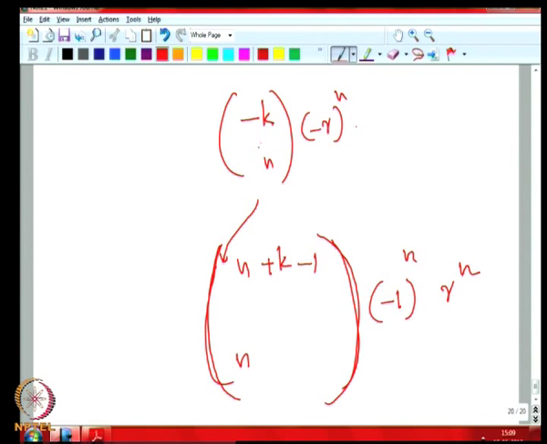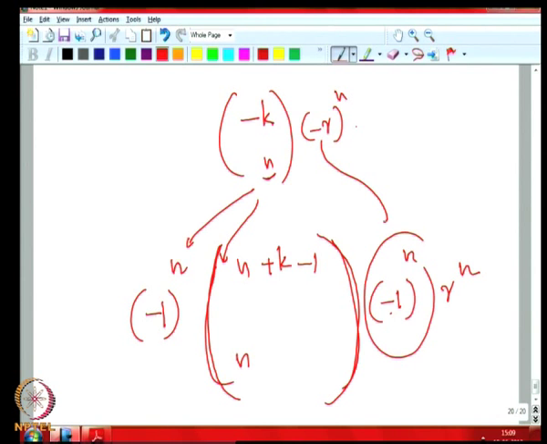Sorry, this also needs a minus 1 raised to n. This minus 1 raised to n is coming from here, since this is a negative r, so we are getting minus 1 raised to n into r raised to n here.